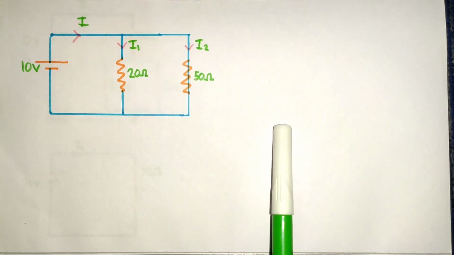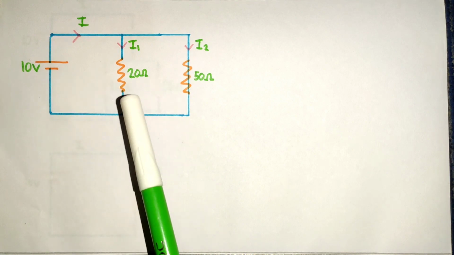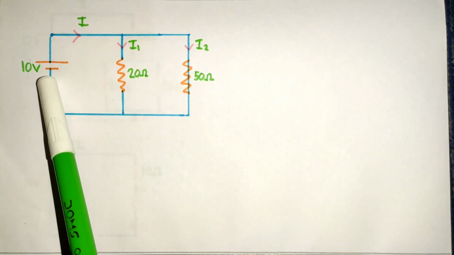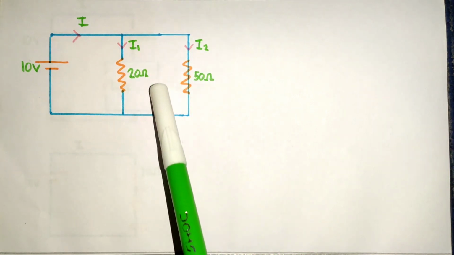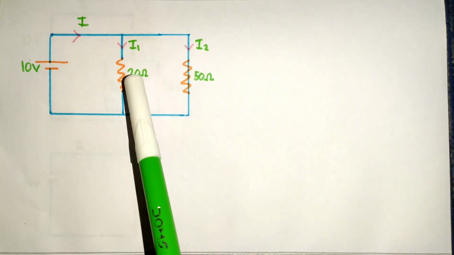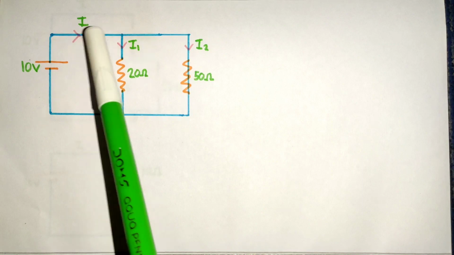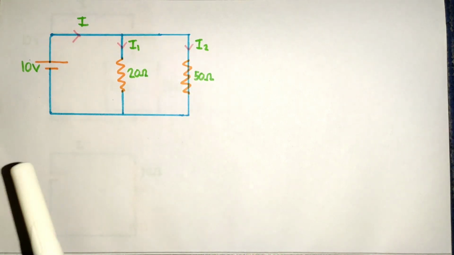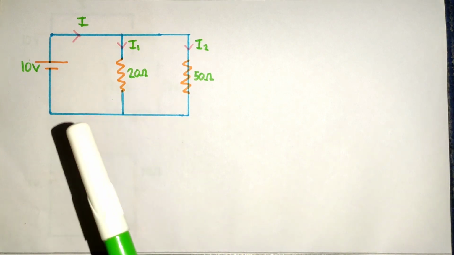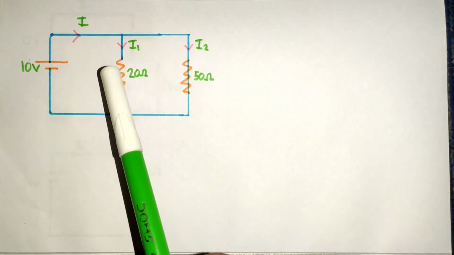As we know, in a parallel circuit, current divides but voltage remains the same. That means this 10 volt of voltage is across both the 20 ohm resistor and the 50 ohm resistor. But current I is divided into I1 current and I2 current. Now let's calculate how much current flows through the 20 ohm resistor.